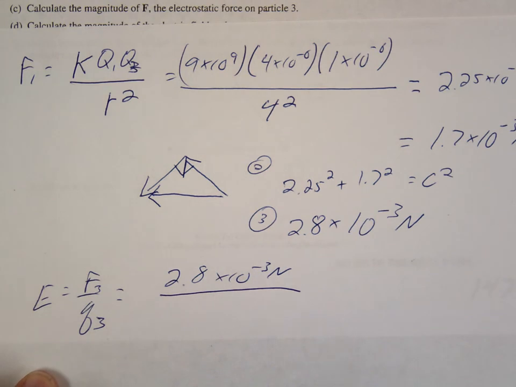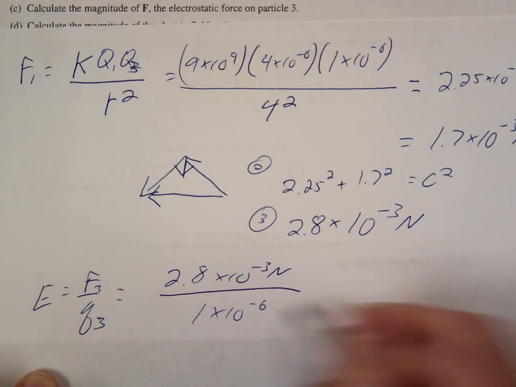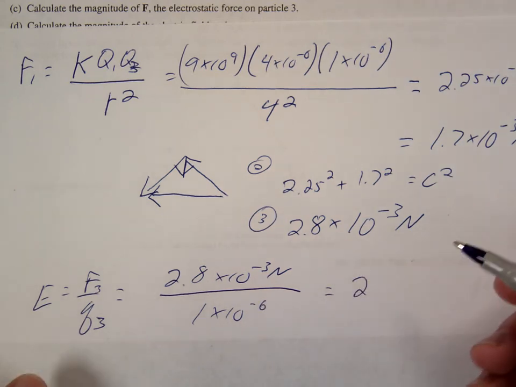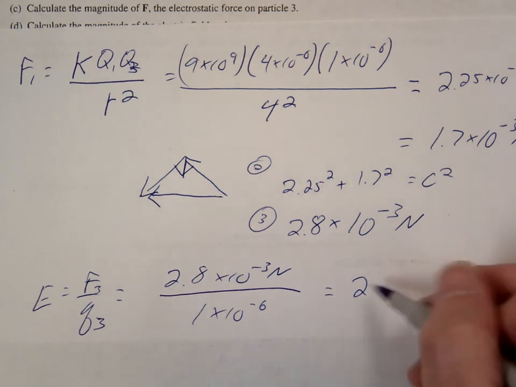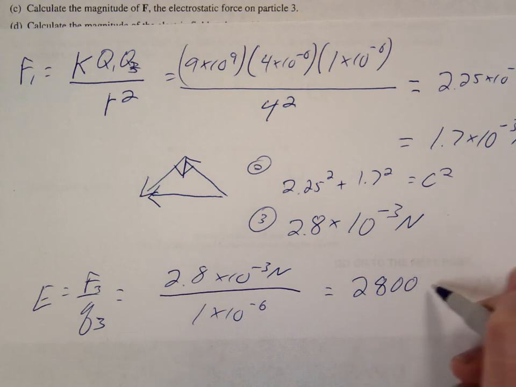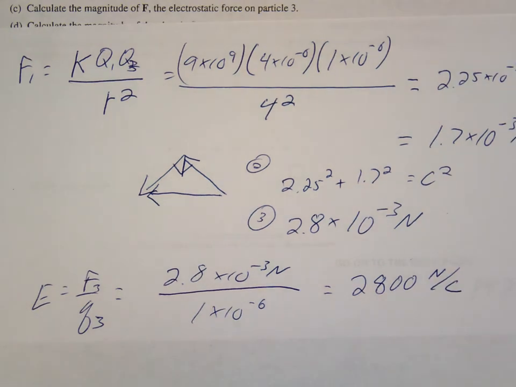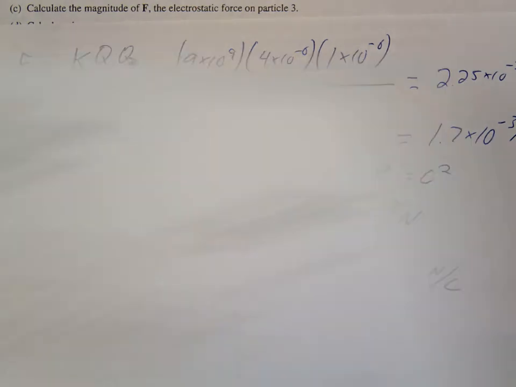So q3 was 1 times 10 to the negative 6. So what's this, 2,800 or something? And what's our units for this? Newtons per Coulomb. Okay, so again, calculated answer with correct units.